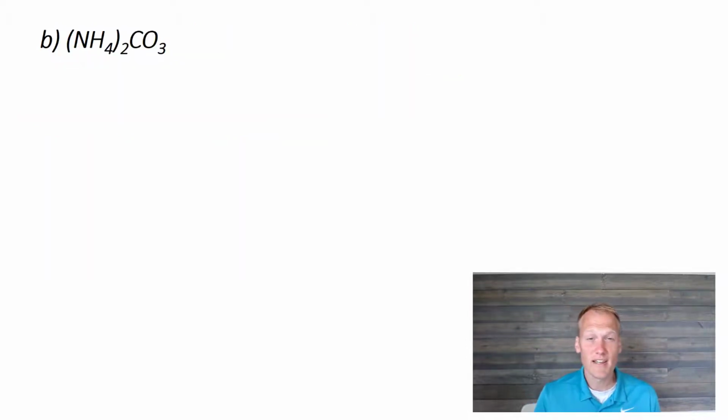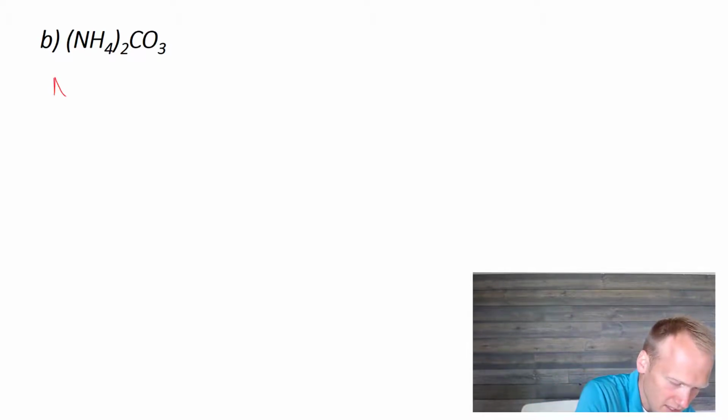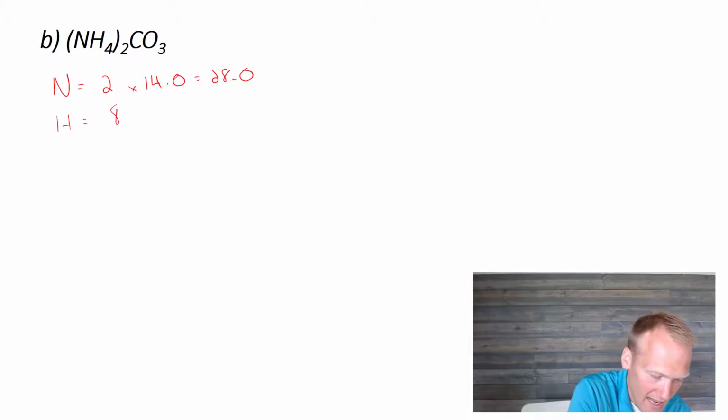Here's another one. This one's a little more complicated because we have more elements, but it's nothing to be scared of. Nitrogen, there's 2 of them, which each have a mass of 14, so 28. We have hydrogen, and there are 8 of them because 2 times 4, and they each have a mass of 1.01, which is 8.08.